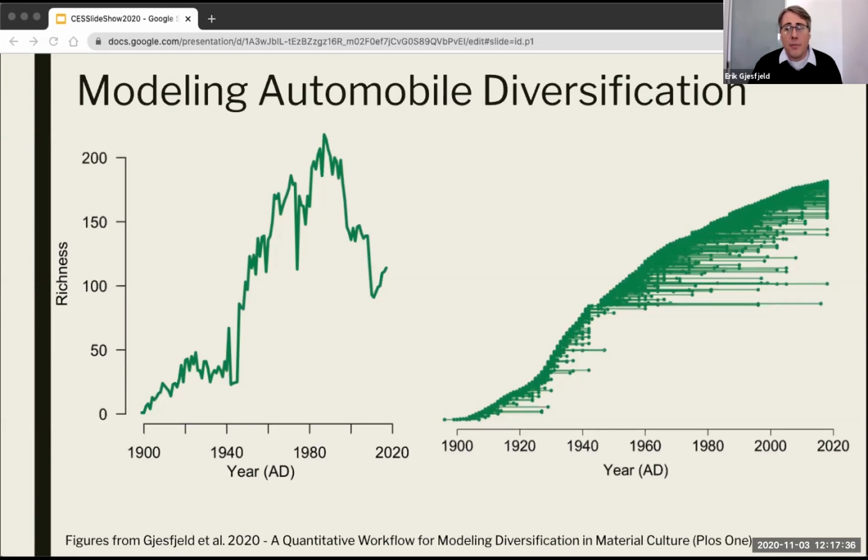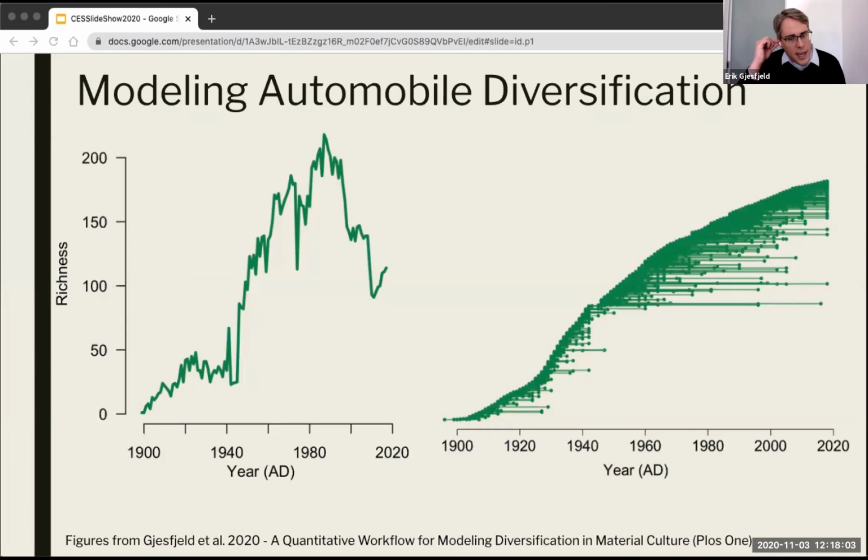If we look at lifespans, we can also see this pattern, with car model lifespans between basically 1900 and 1940 being much shorter than after World War II. There's a number of reasons why that happens, but we can clearly see this dynamic, especially in the graph on the right, of very short lifespans early on and much longer lifespans later on.